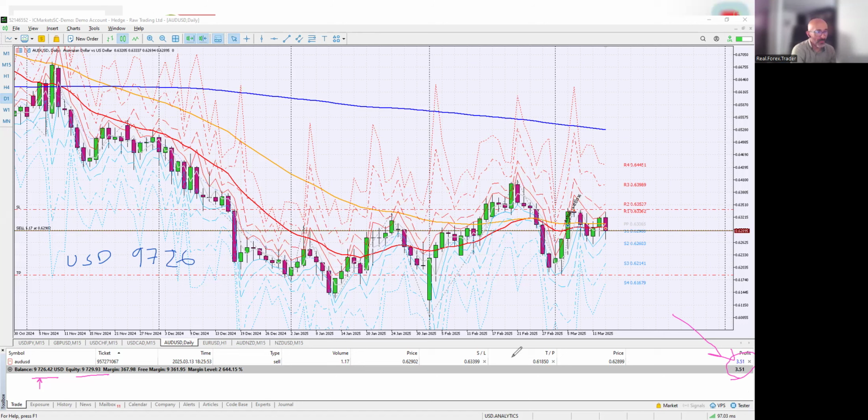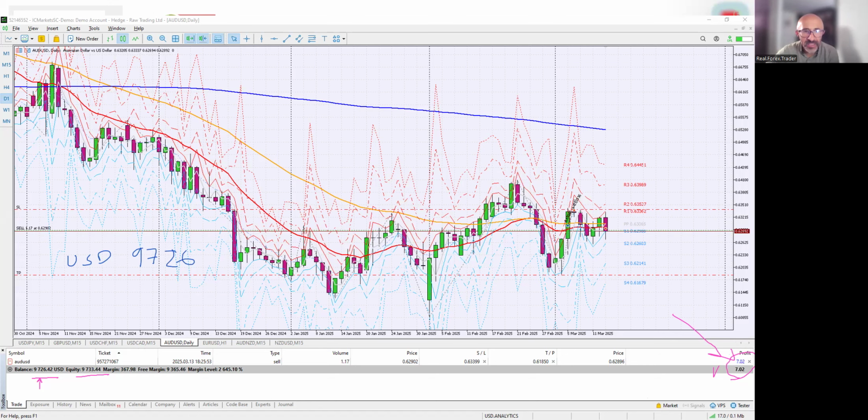In this case, my trade is going in my favor by $4. So 9,726 plus $4 is moving. If my trade were against me, the amount on my equity would be less, but my balance is always the same while the trade is open, okay?